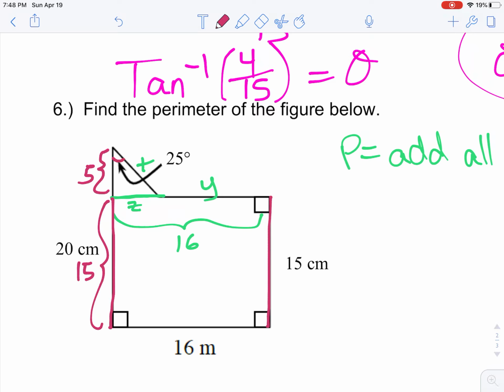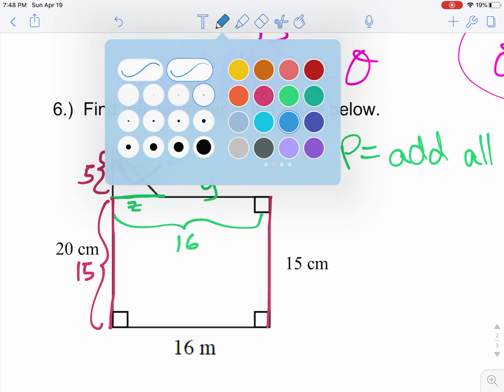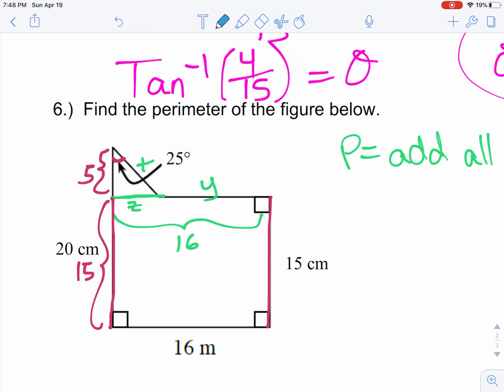Now it's also telling us this angle measure here is 25, and if we have an angle measure and we have a side measure, we can use trig ratios to figure out what those are. I'm going to first look for the value of x, and I'm going to use the 5.